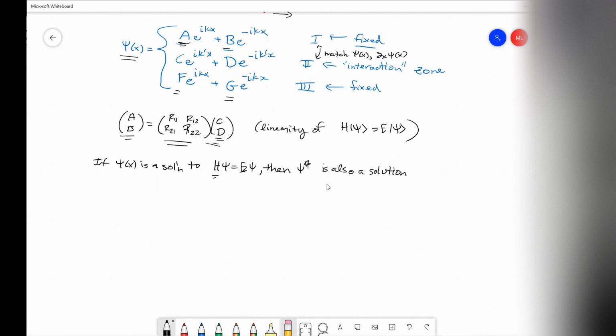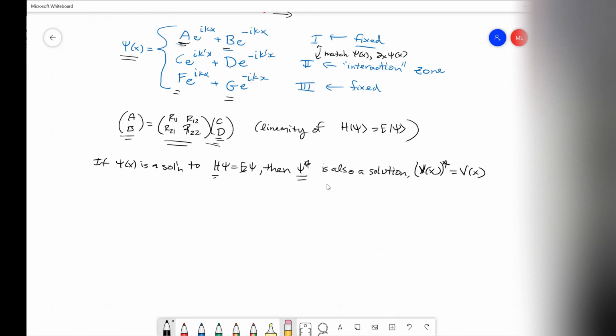And it's easy to see because you can take the complex conjugate of both sides of the Schrodinger equation. And since the potential is real, right? Yeah, we work with real potentials. Then the Schrodinger equation just works for psi star as well. That means that, what does it mean?